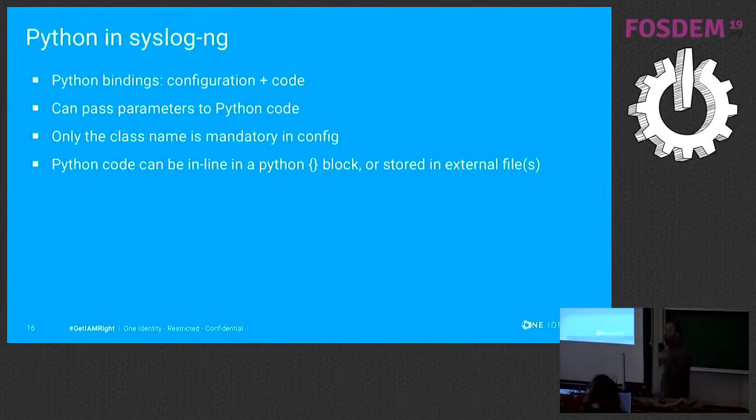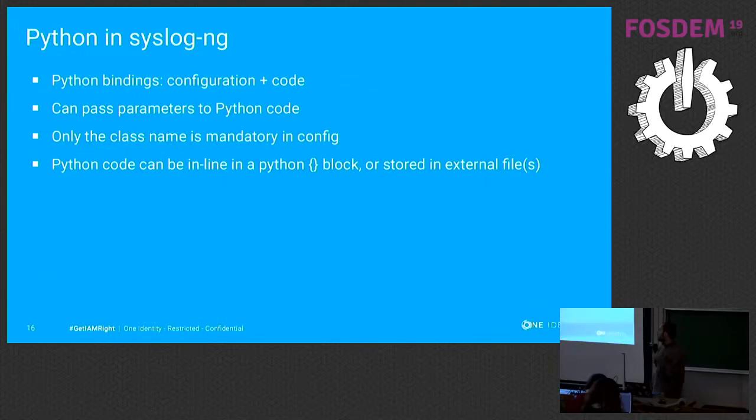So how does Python come in here? The Python bindings always have two parts: a configuration part and the code part. Usually the configuration part has just a single mandatory option, the class name, which you call from syslog-ng.